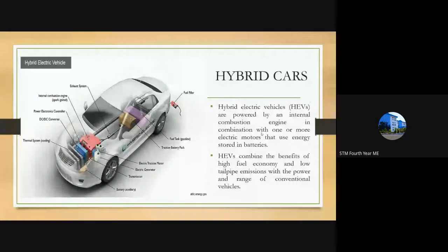So basically, a hybrid electric car is an electric car itself, but it also uses an IC engine, that is our conventional engine, for working.